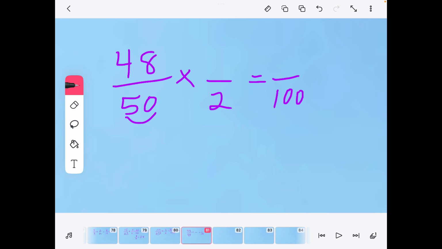You know it, 2. So I put a 2 up top. 2 times 48 is 96. Here we go now. What do we write? 0.96. Thank you very much, and have a beautiful day.